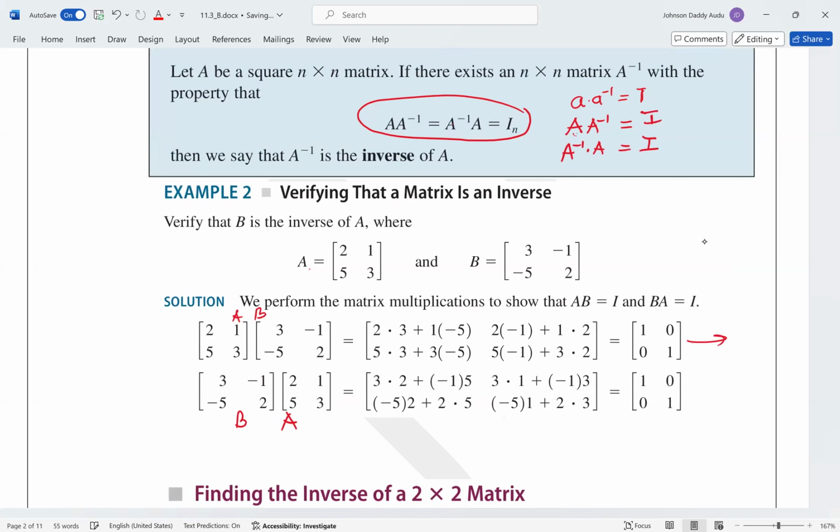So this is I2, and this is also I2. We have that A times B is the same thing as B times A, and it's the same thing as I2. For this to happen, it means that B has to be the inverse of A.